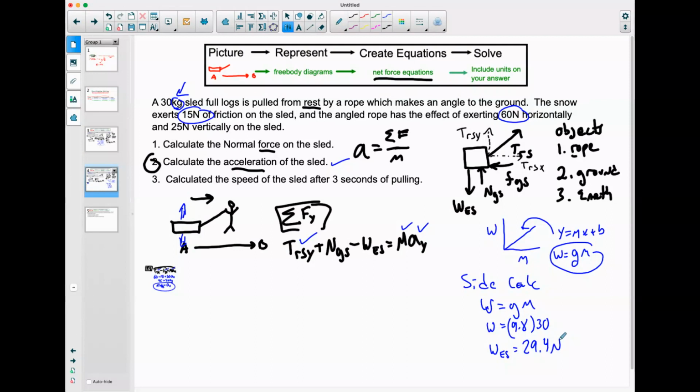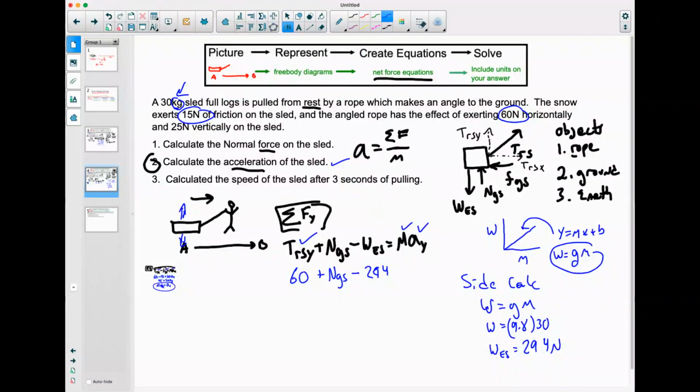So now let's come up and put some values into our equation. The rope on the sled, the vertical part of that is 25 newtons. And then the normal force we don't know, so we'll leave that as a variable. And then the weight of the sled is now 294 newtons.